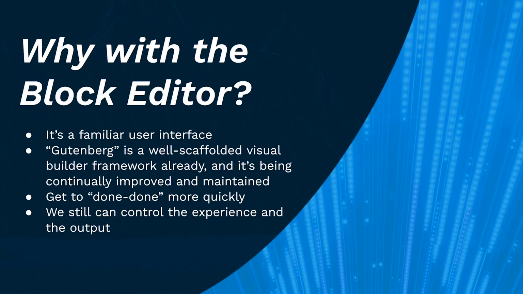I prefer hand gestures. But yeah, a lot of people don't realize that we think of Gutenberg as the block editor, like it's one thing, but the block editor is actually broken up into like 50 different libraries, little bitty packages that you can piece together however you want. So it's not like we're taking this big old block editor and hacking it to pieces to make it work exactly the way we want.